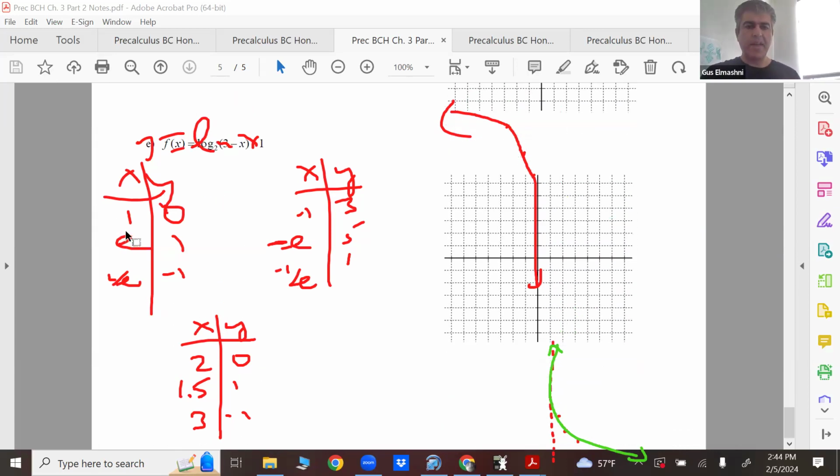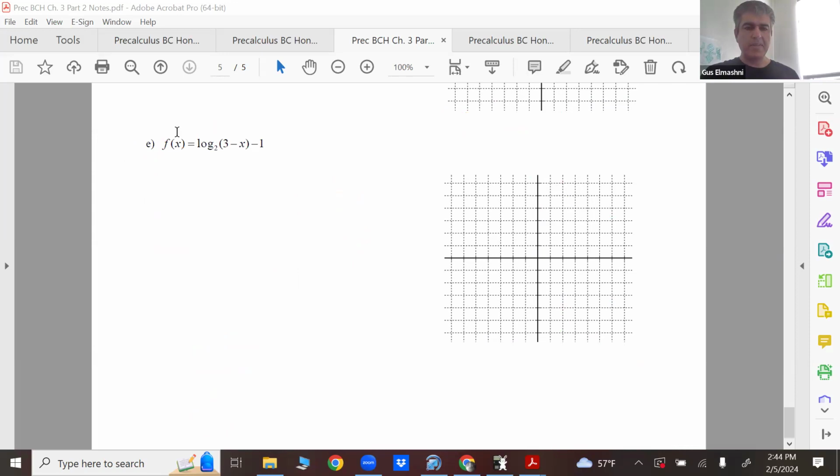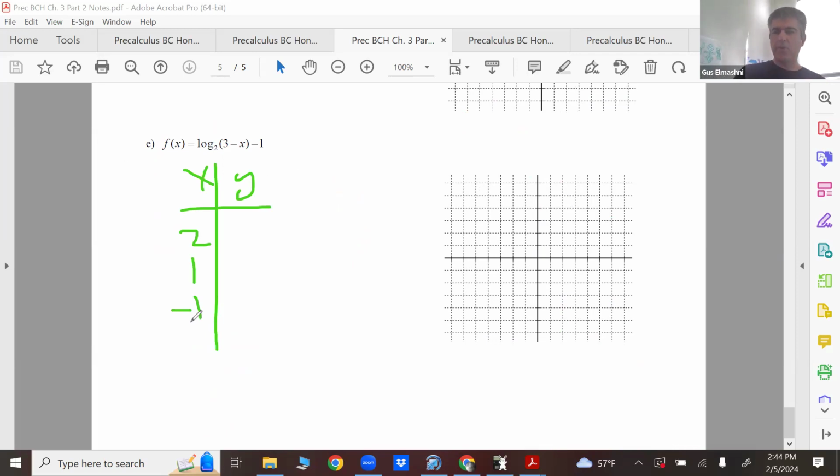Okay, last one. I'm just going to get kind of lazy here. I'll plug in 2, I'll plug in 1, I'll plug in -1. If you plug in 2, what do you get? -1. Plug in 1, what do you get? 0. Plug in -1, what do you get?